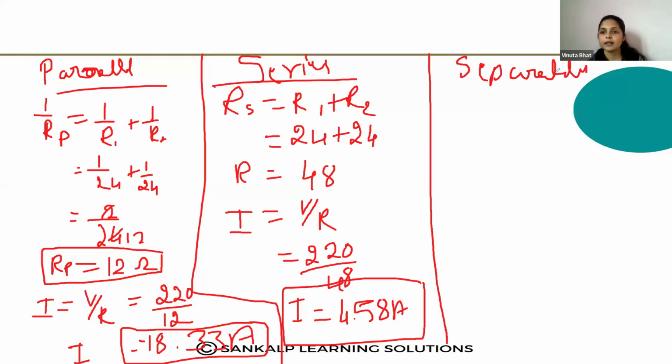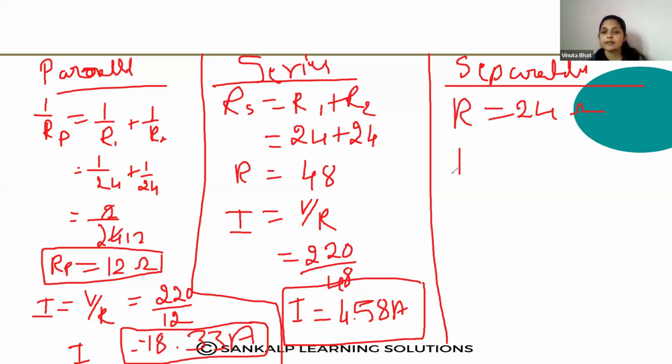When they are connected separately, the R value is 24 ohm, because they are not connected in series or parallel, they are connected separately. So I will take the R value as 24 ohm.